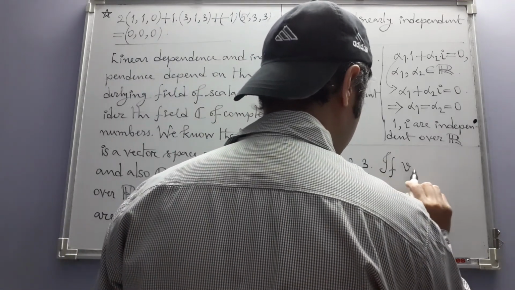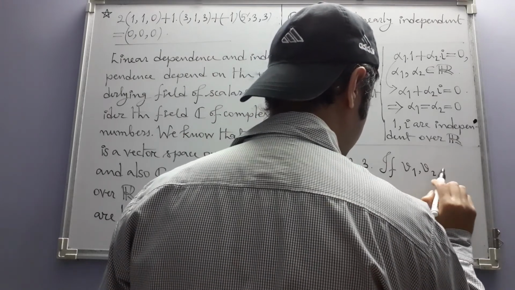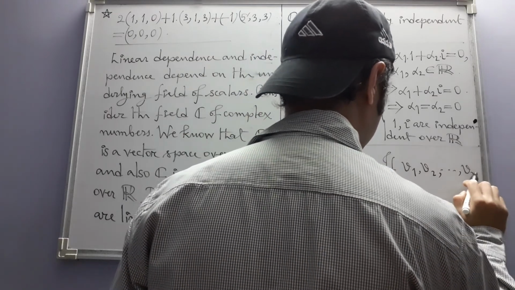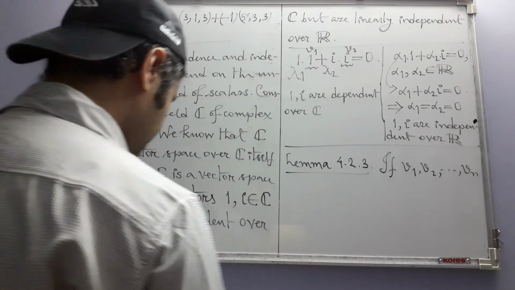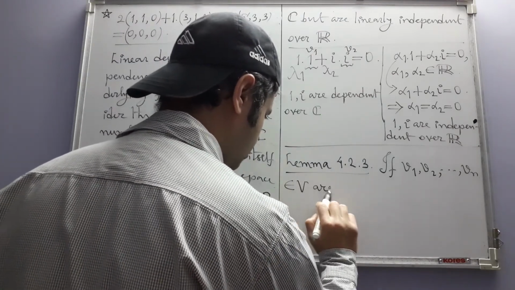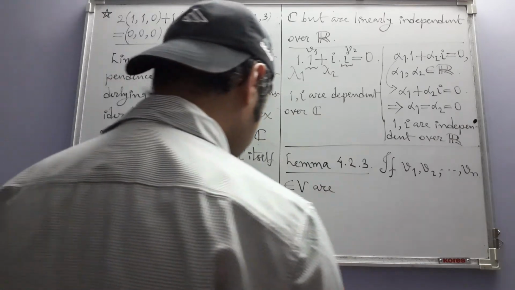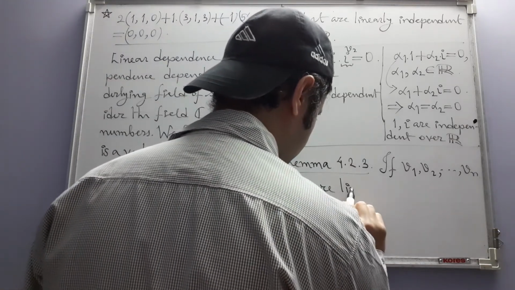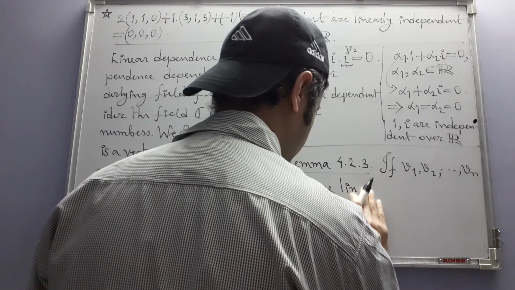If v1, v2, etc. up to vn belonging to a vector space V are linearly independent, then every element in their linear span has a unique representation of this form.